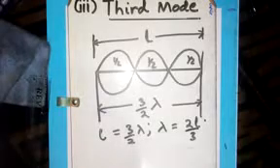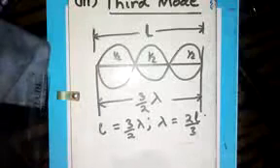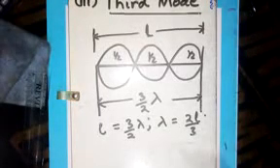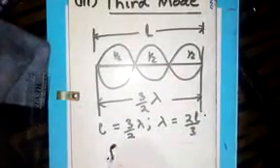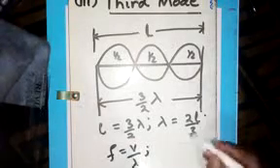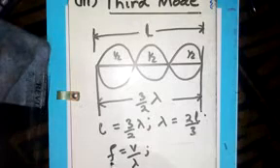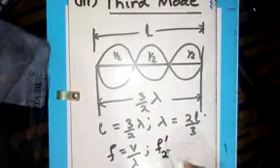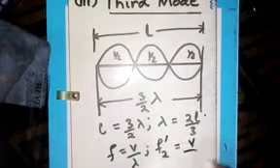Now after here, you will be asked to calculate the second overtone, because the second overtone occurs under this frequency. The frequency here, f, is v/lambda. But when lambda is equal to 2L/3, it will no longer be the fundamental frequency, but the second overtone, f2 dash, which will now be equal to v/lambda.